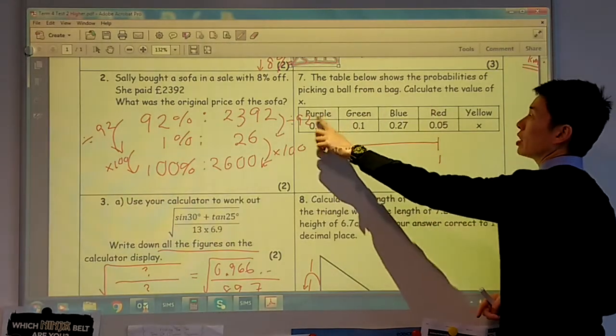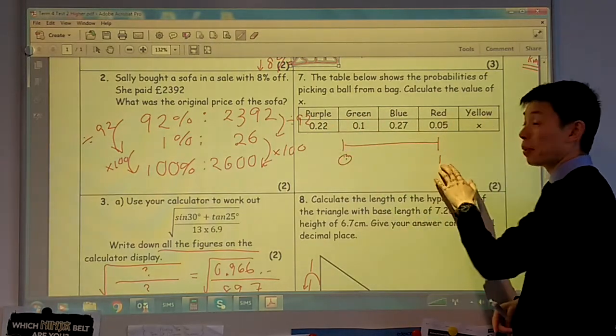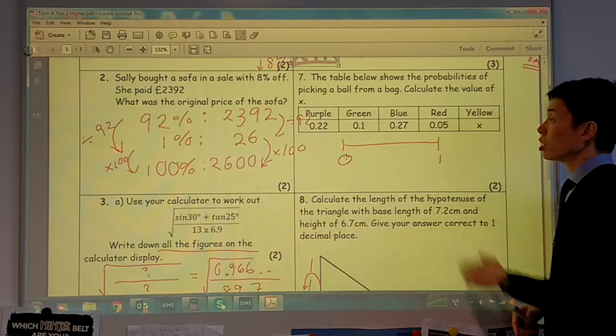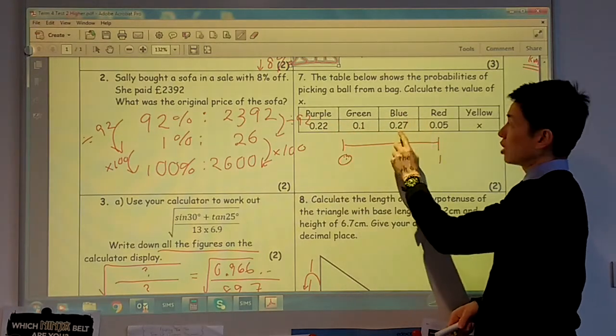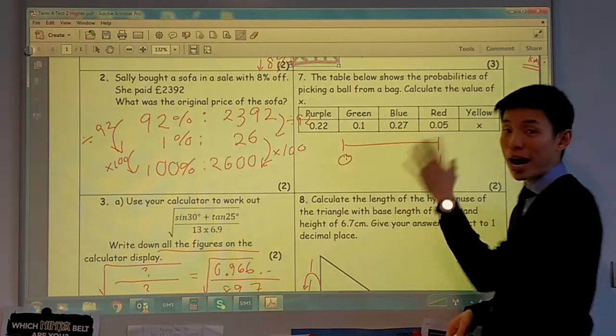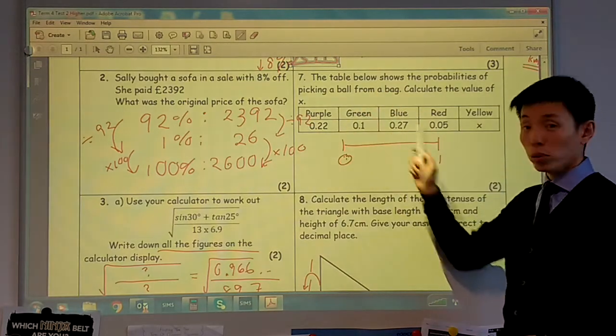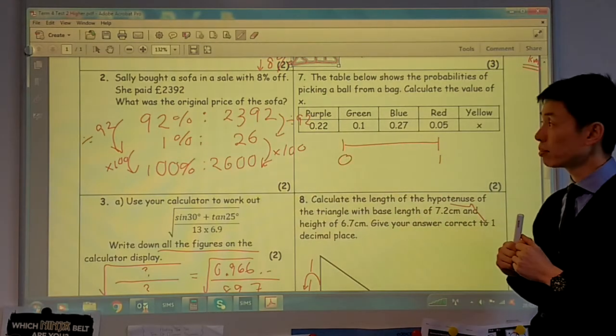For all this to happen, they must add up to a probability of 1. At the moment, blue has the highest chance of happening, so whatever is inside this bag, the number of balls for blue must be higher than any of those 3.